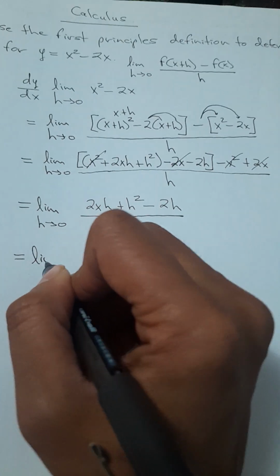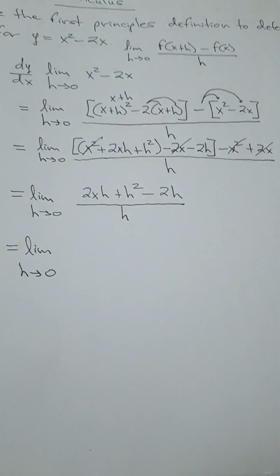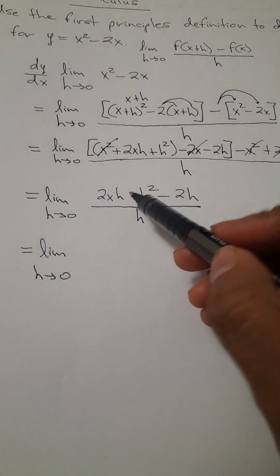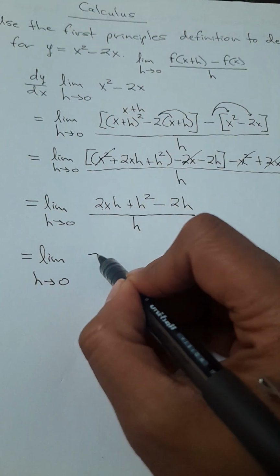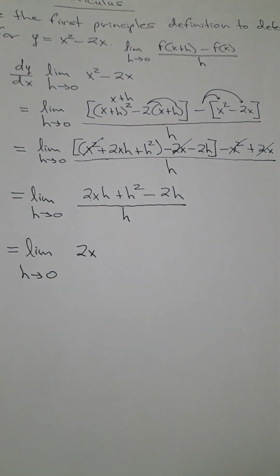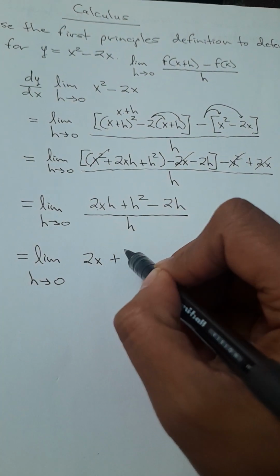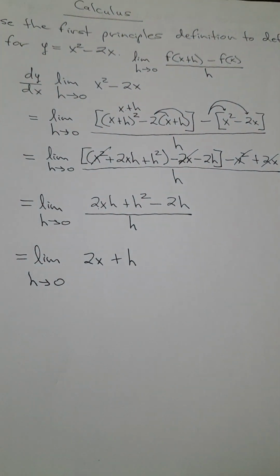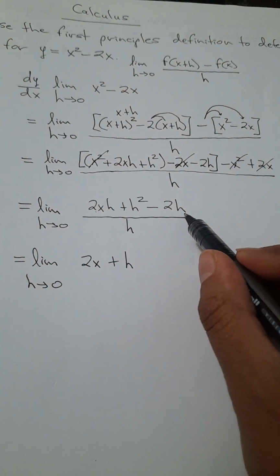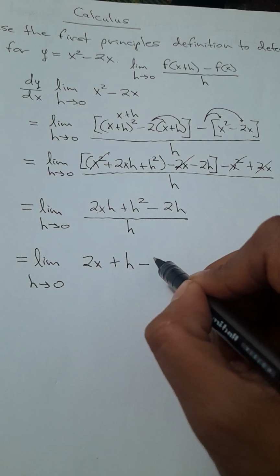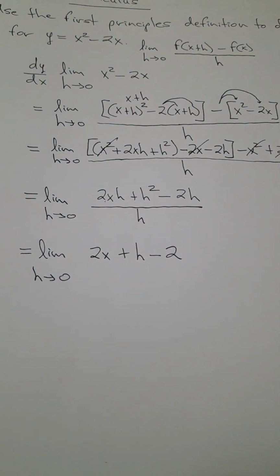So let's do the limit as h approaches 0. This is 2xh divided by h, which is 2x. Right? This is h squared divided by h, which is positive h. And negative 2h divided by h, which is negative 2.